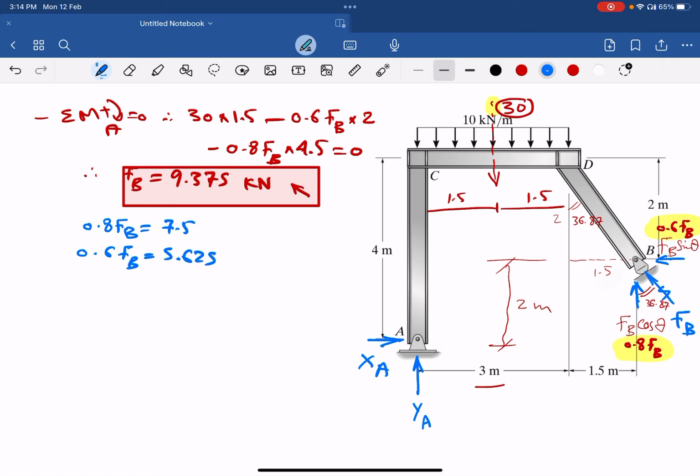So these are the two components. Here it is 7.5, and this value here is 5.625.